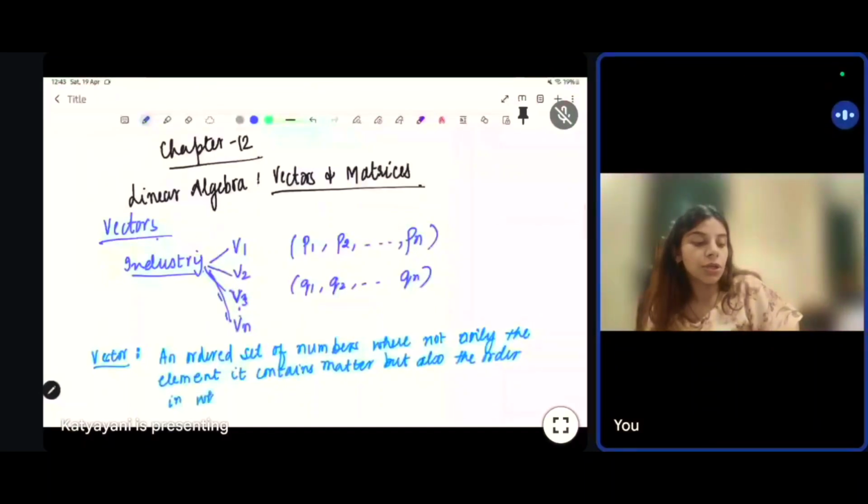Okay, the order in which they appear matters, right?